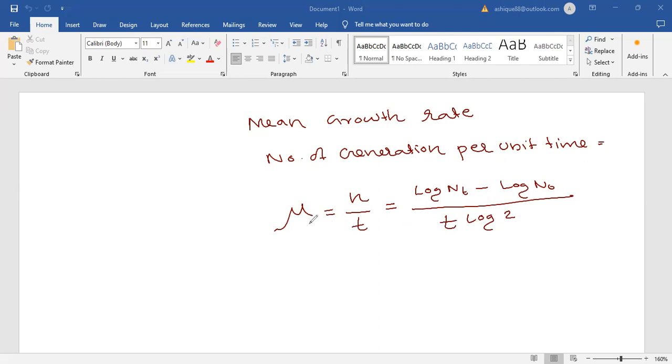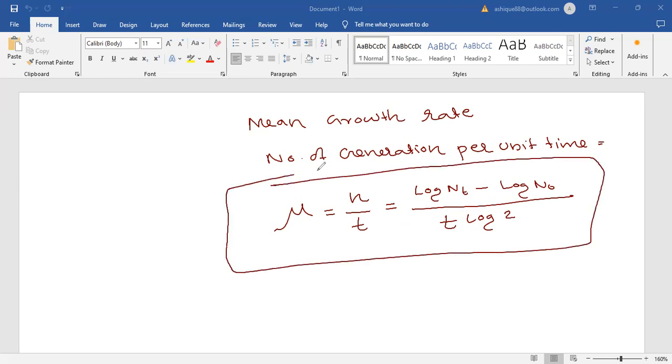That is the mean growth rate, the number of generations per unit time that we get using this equation. The value of mu is n divided by t. I hope this is clear. Yes, sir. Okay.